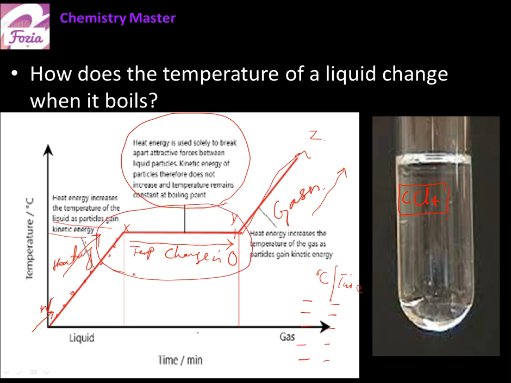If we perform this experiment for carbon tetrachloride, we will observe that when 77 degrees Celsius comes, the temperature remains constant for a while. So the boiling point for carbon tetrachloride will be 77 degrees Celsius. This is how we will learn the changes of physical state.